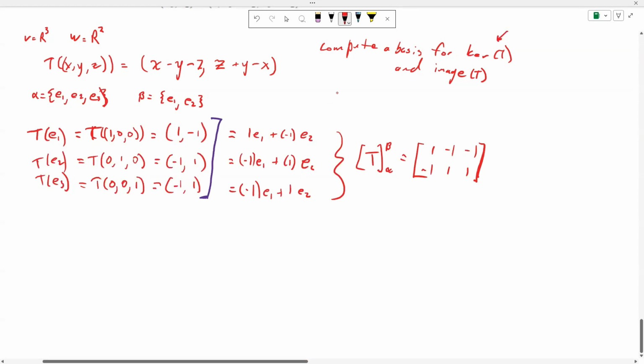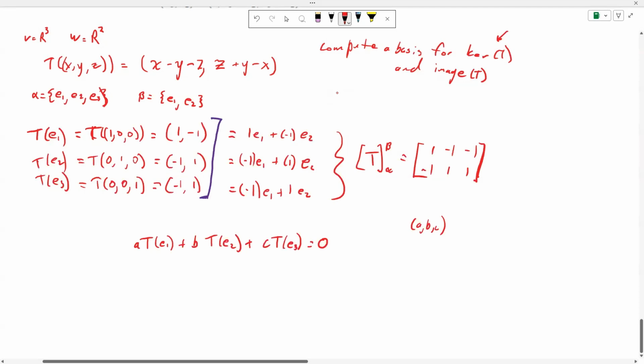To solve for the kernel, we're going to figure out a linear combination of these output vectors that gives us 0, or a T(E1) plus b T(E2) plus c T(E3) equals 0, and solve for the vector (a, b, c) such that this is satisfied.